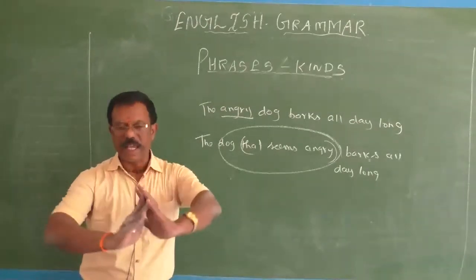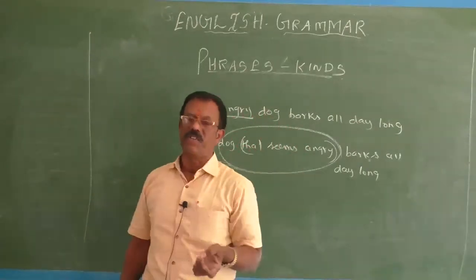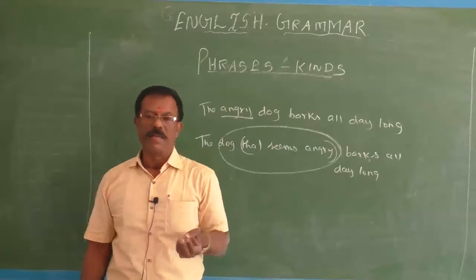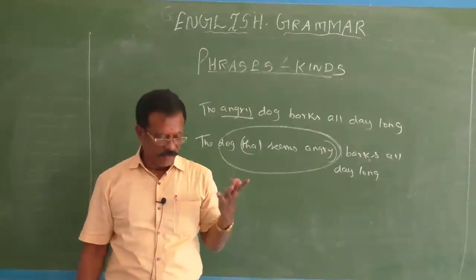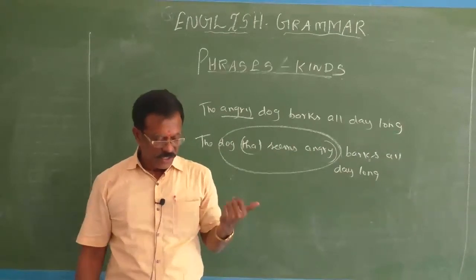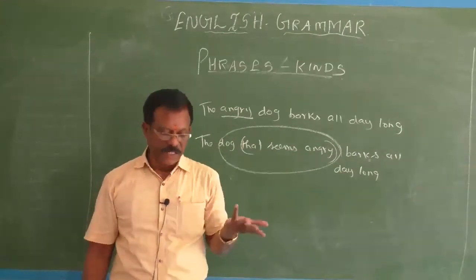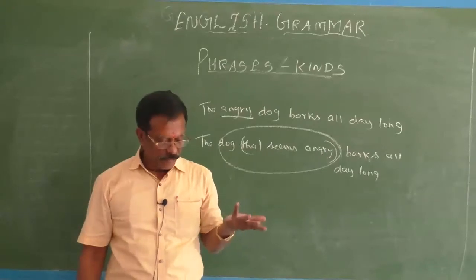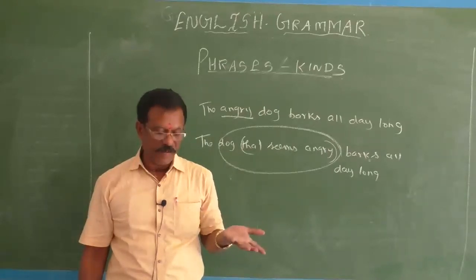So an adjective can be expanded into an adjective phrase by adding some words here and there. Okay. And the movie was surprisingly good. She is a highly passionate girl, and a trip with my friends is my dream.